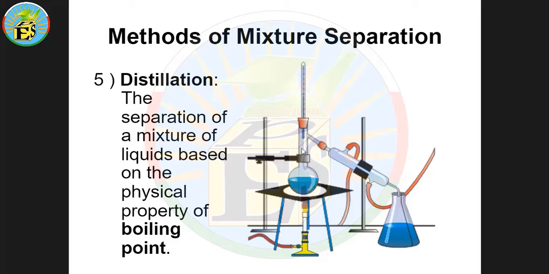Not all solutions or liquids have the same boiling point. If we mix ethanol and water, the boiling point of ethanol is about 78 degrees, but water's boiling point is 100 degrees, so I can separate them by the distillation method.